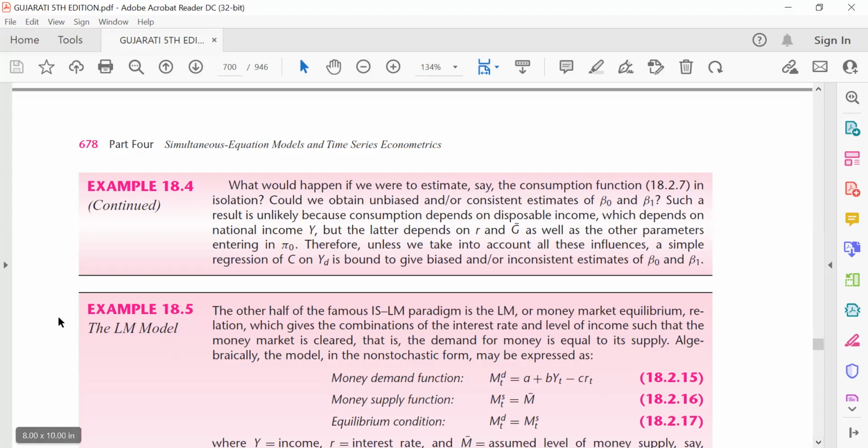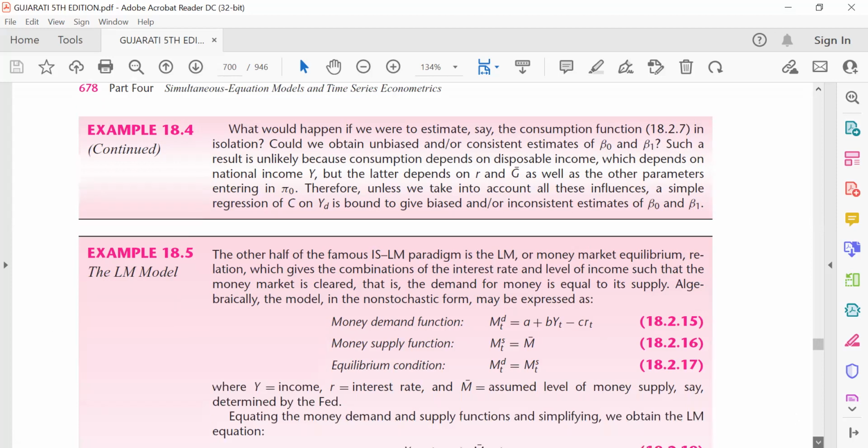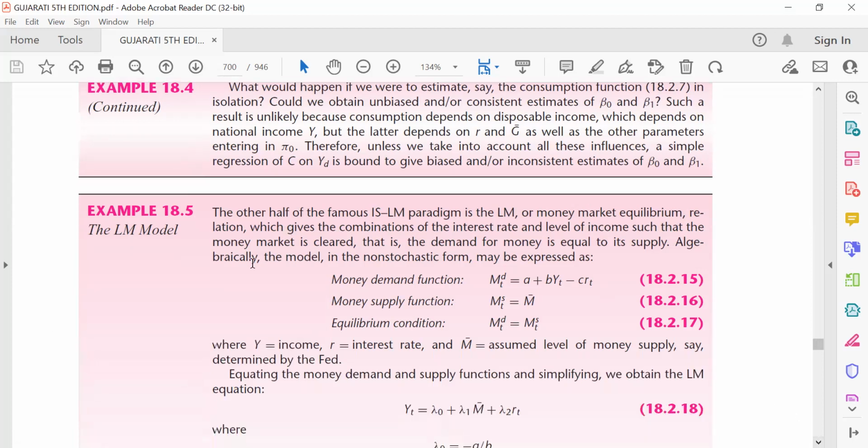Okay, here we have example 18.5, an IS-LM model. Now here we have two sectors, the goods market and the financial market. IS is the goods market, LM is the financial market.